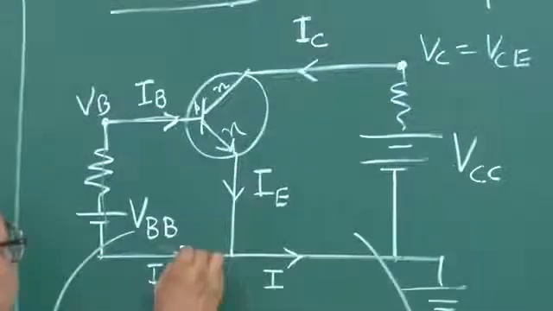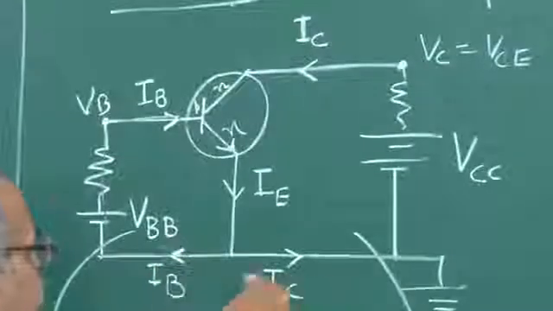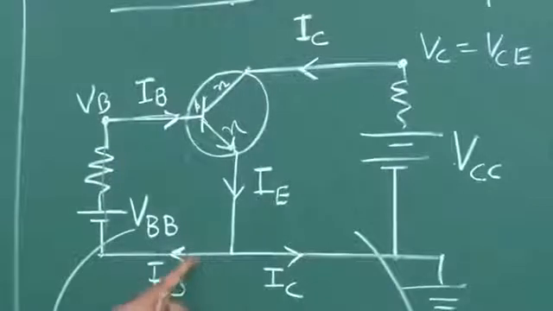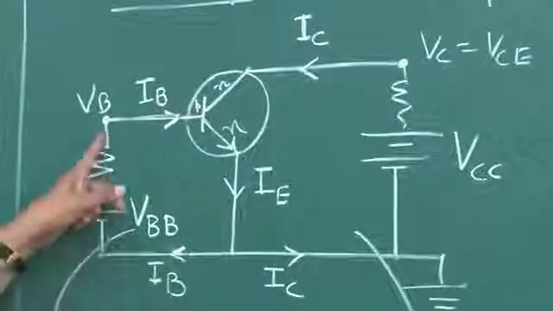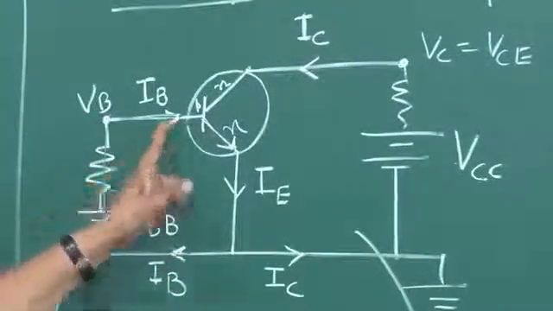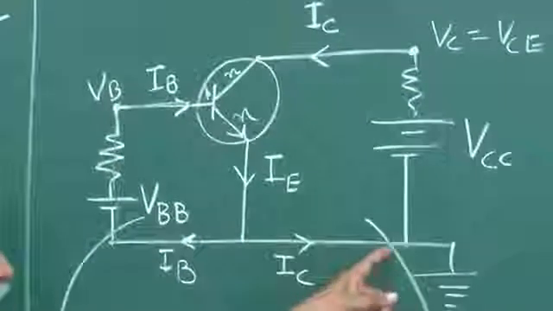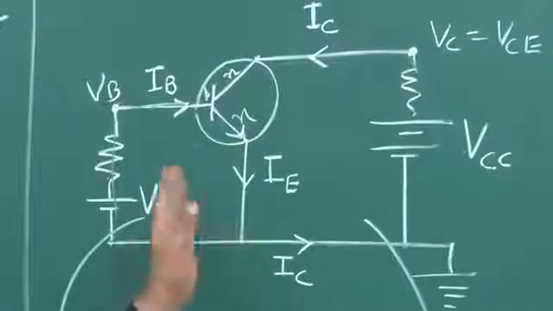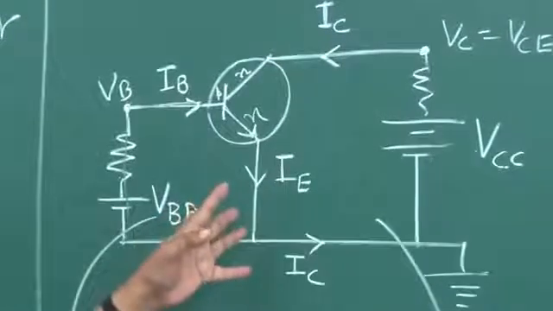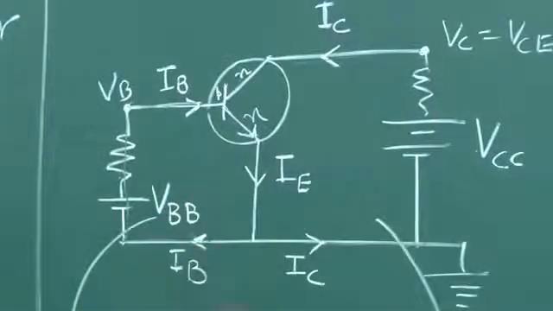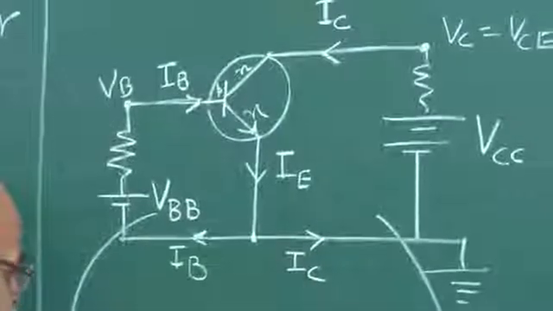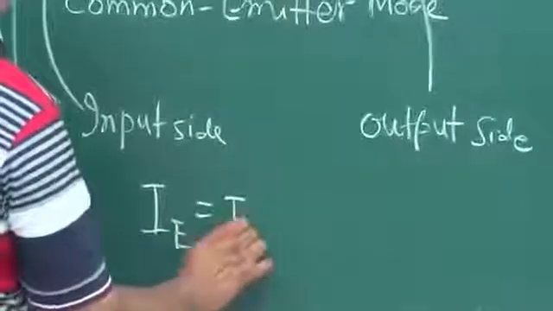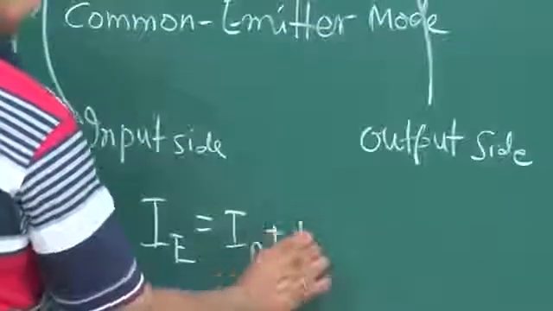This current which goes in this direction, that only goes through this and then reaches here. Similarly, the current which goes like this, that only goes and reaches here. You can apply Kirchhoff's junction rule at this point, and you can see that IE is equal to IB plus IC.